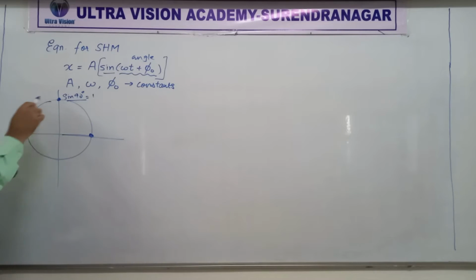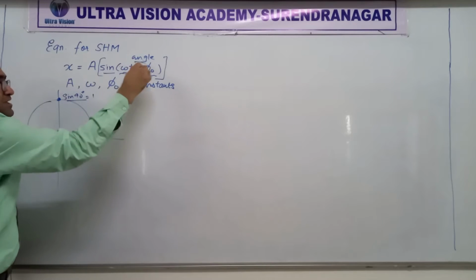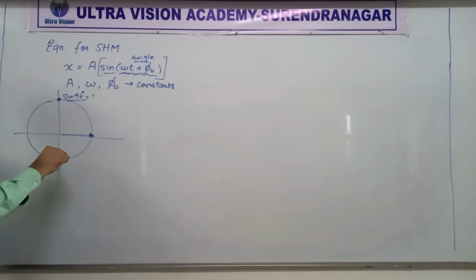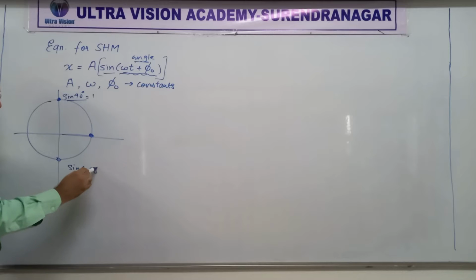But if I go to the other point here, where the value of this angle would be minus 90 degrees or maybe 270 degrees, right? So for such a case, we are going to get the value of sine as minus 1. Clear so far?